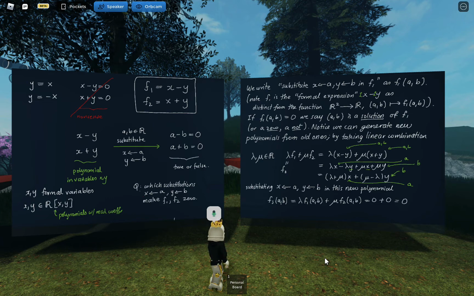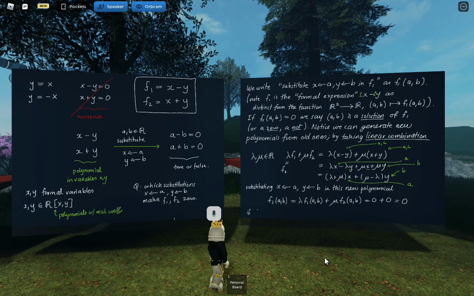Okay, so whenever we take a linear combination, and linear combination just means take a scalar times one thing plus a scalar times the other thing in some collection that's fixed at the beginning. If we take a linear combination of the polynomials we have, our solution a, b, yeah, I guess I didn't say that. I'm assuming a, b is a solution of f1 and f2.